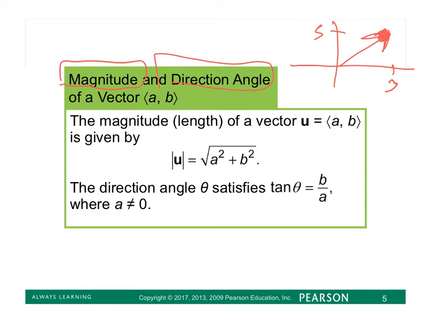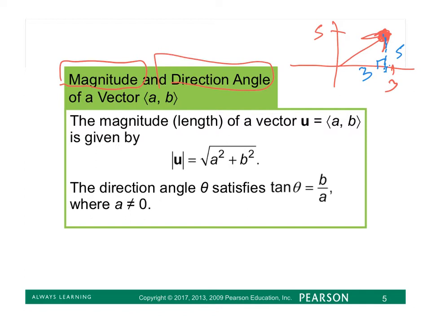If I know this is (3, 5), just pretend it's a right triangle, this value being 3, this value being 5. How would I find the length of this? It's the hypotenuse of this right triangle.